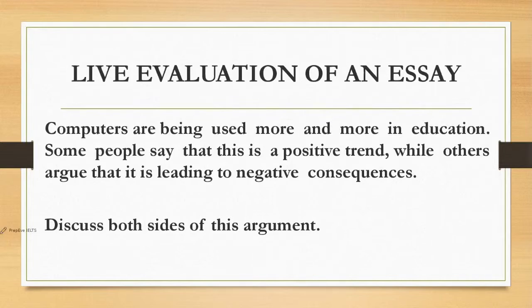Kempana, you can judge whether the essay belongs to opinion, advantage, disadvantage, problem solution, or discussion by reading this last sentence. Here it says discuss both sides of this argument. So this question is asking you to discuss both sides. One side is asking you to talk about the positive trend. The other side is asking you to talk about the negative consequences.